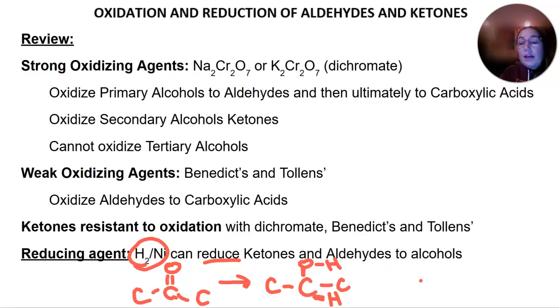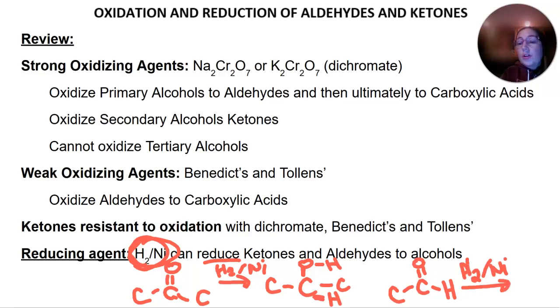Same with aldehydes. An aldehyde would have C double bond O, and then a carbon on one side and a hydrogen on the other. And again, we can use our hydrogen and our nickel to make our alcohol.